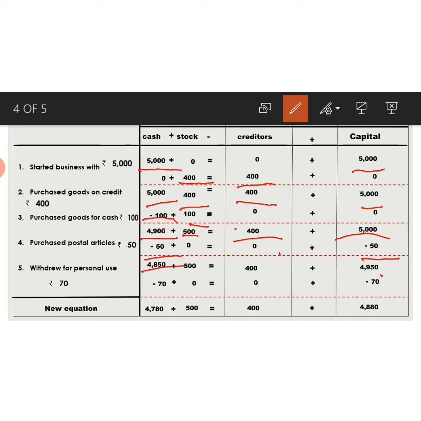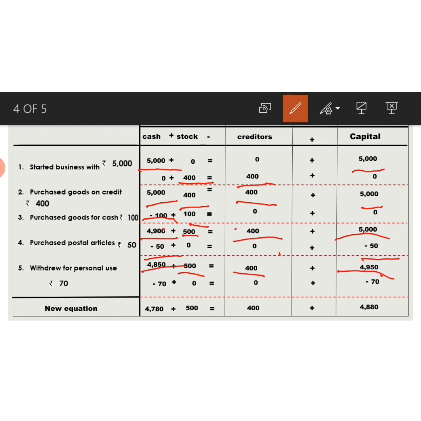Again 500, since there's no record for stock, it is plus 0, that is again 500. And in the creditor section also there's no record, so 400 plus 0, that is 400 again. And then capital, there is 5,000 minus 50, that is 4,950.